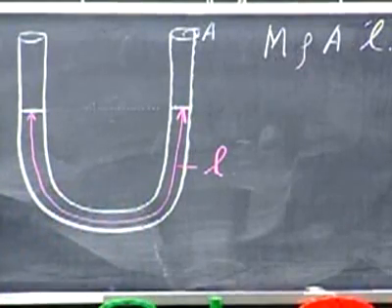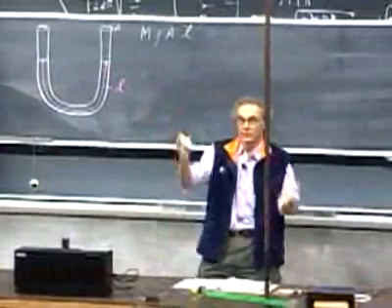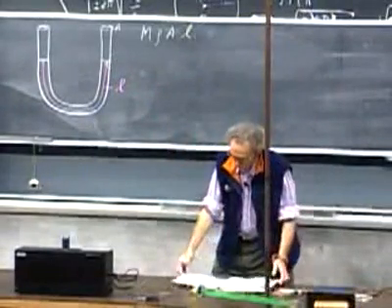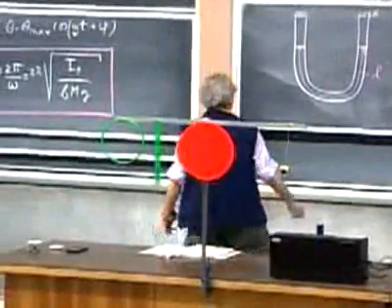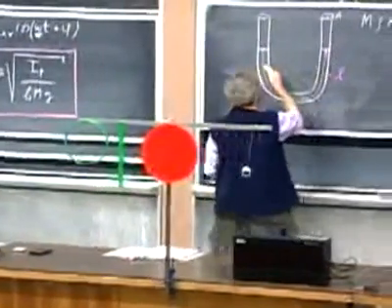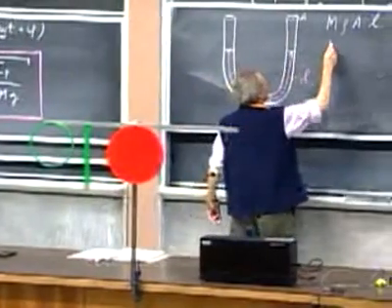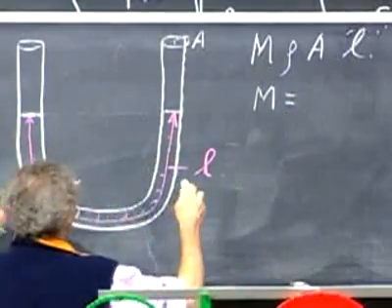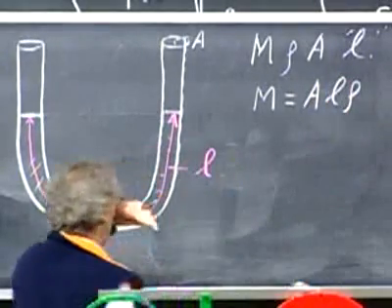I'm going to offset the liquid, and I want to see it oscillate. And I want to see whether I can calculate the period of the oscillation. The total mass of the liquid that I have is the volume, which is the area times the length times rho.